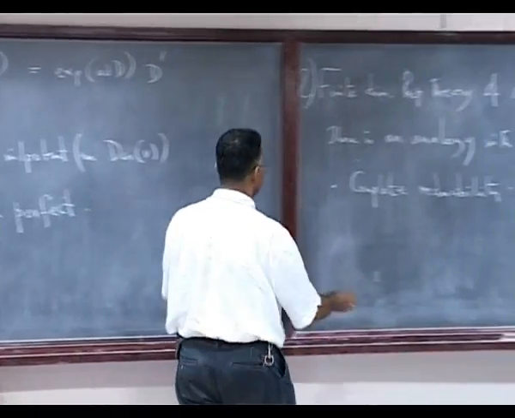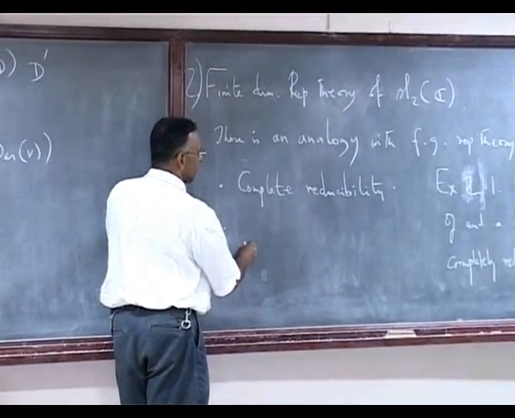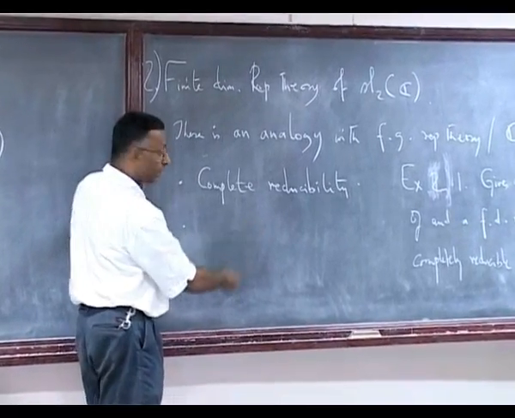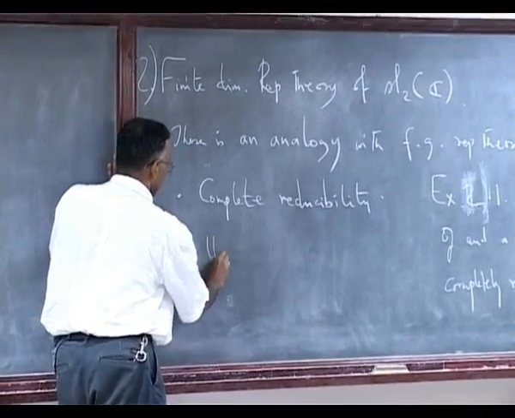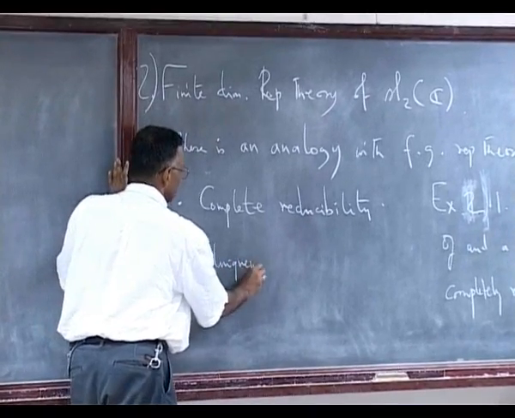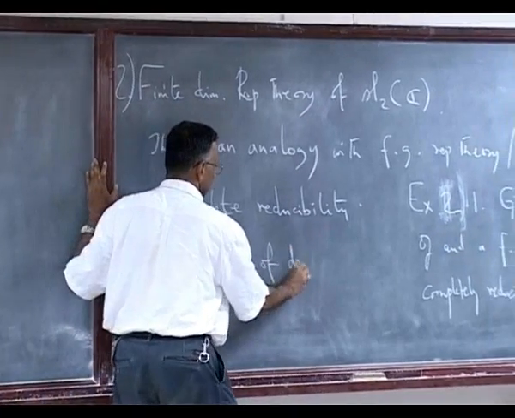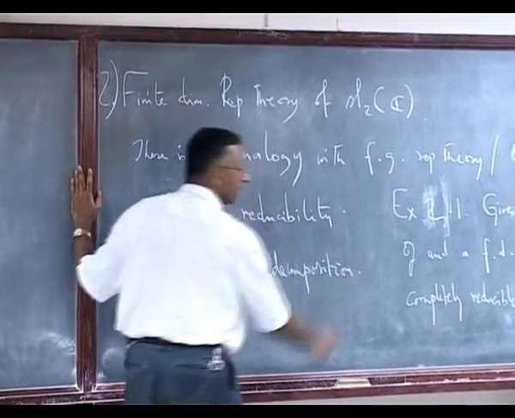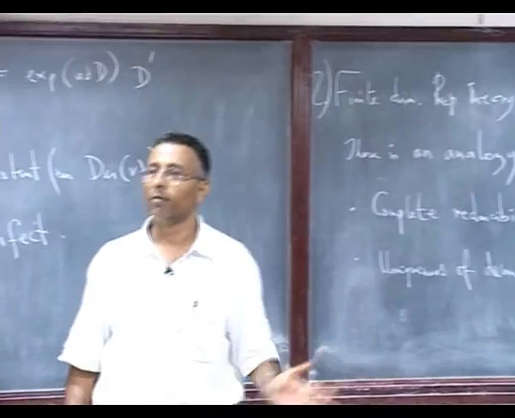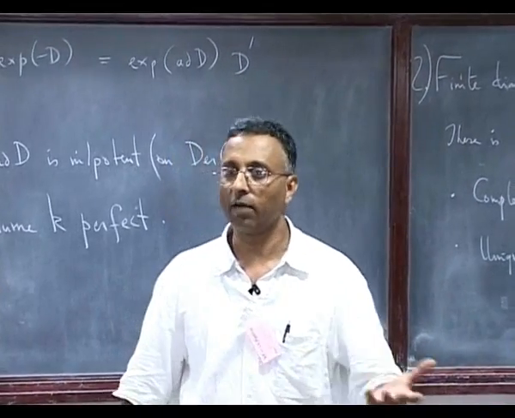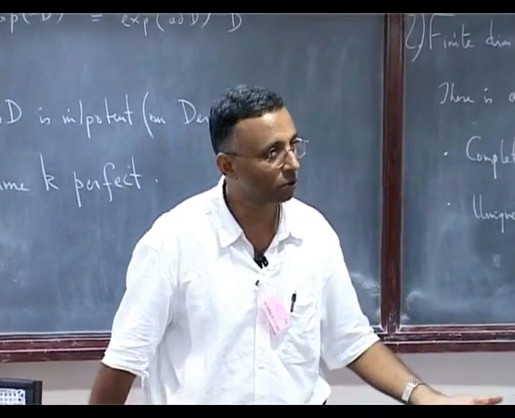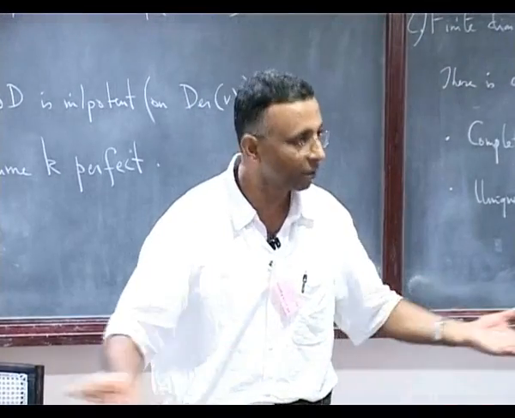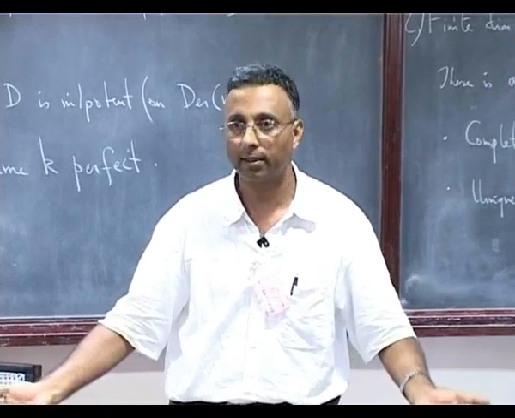And like yesterday, I'll put it down here that in addition to complete reducibility, you have the following thing, uniqueness of decomposition. And like I was mentioning yesterday, this is no big deal. This is true in great generality: if you have a module which is a sum of simple modules, then this unique decomposition holds in that generality.